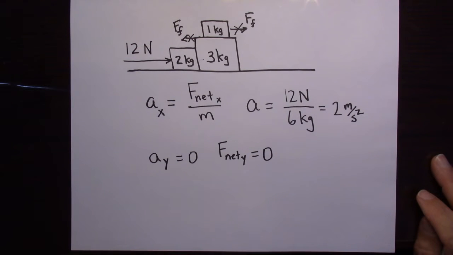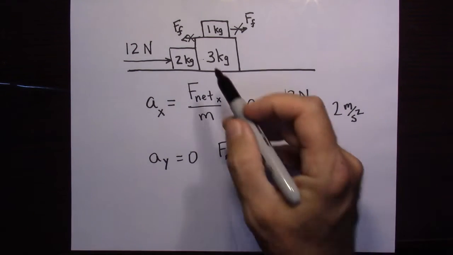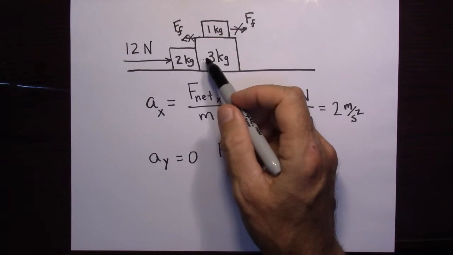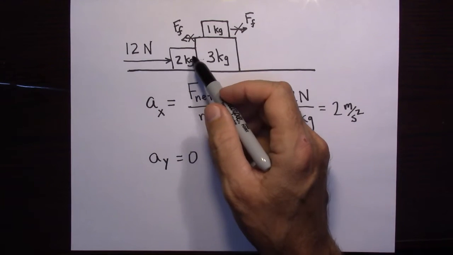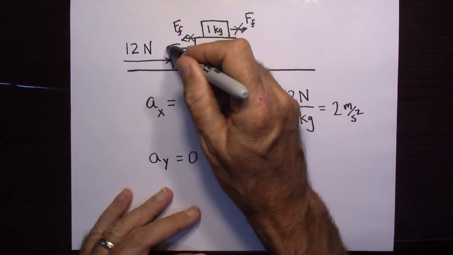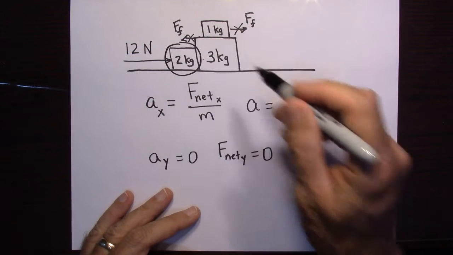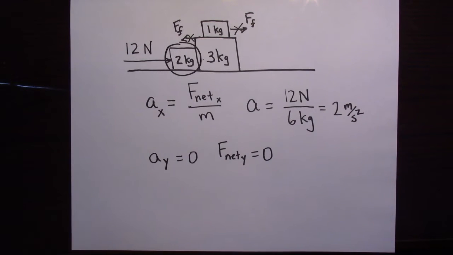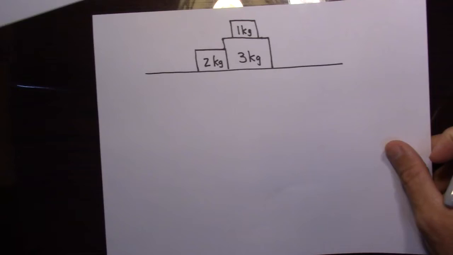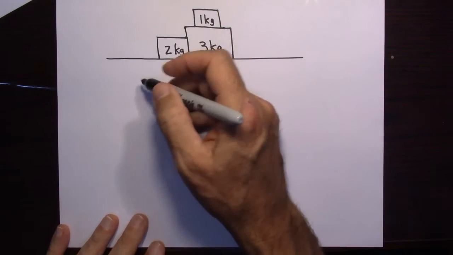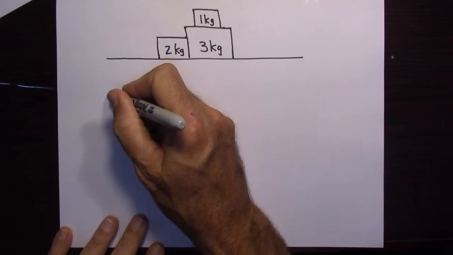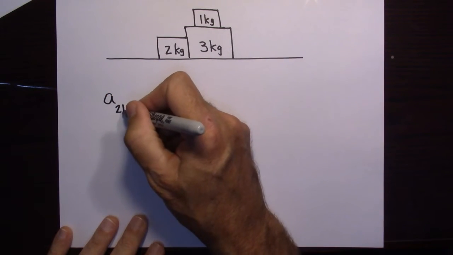Because none of these have accelerations in the y direction. Okay, so if I want to know what the normal force is, say, of the 3 on the 2, then all I have to do is just hone in on the 2 kilogram mass. So now I'm going to use Newton's second law again. And this is the whole point of this video: when you just look at the 2 kilogram mass, then we do A. Now we know A equals F net over M. This is for the 2 kilogram mass.